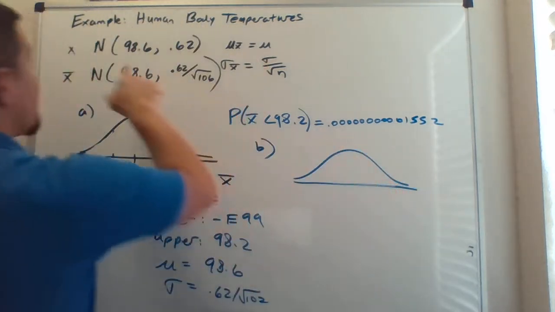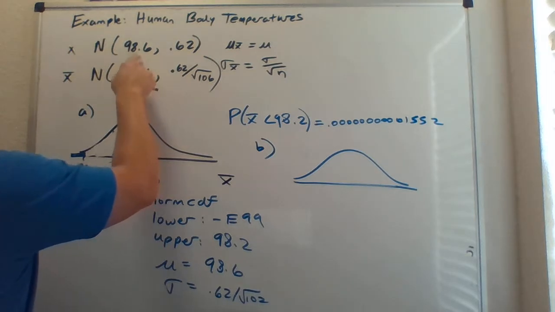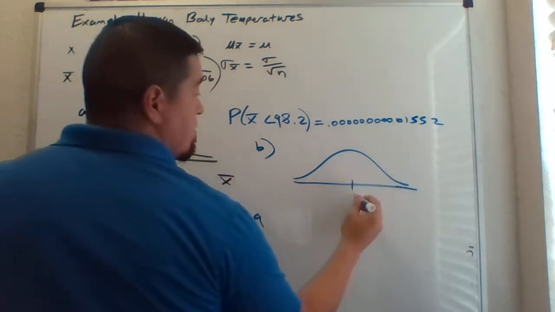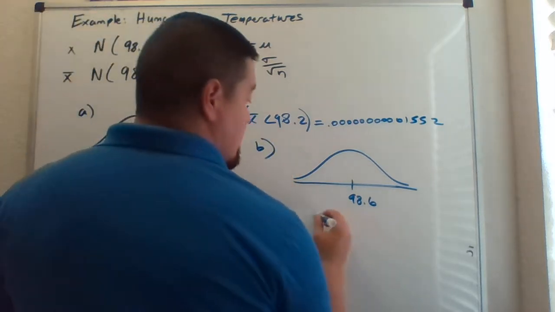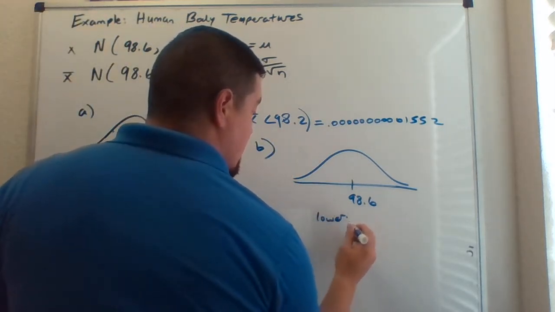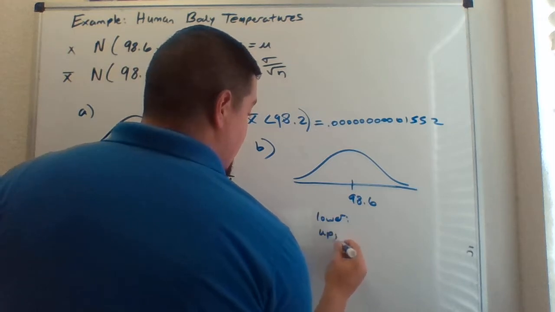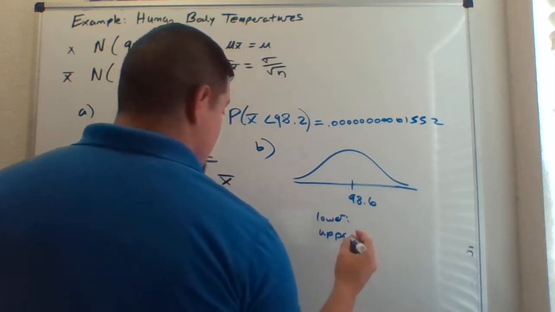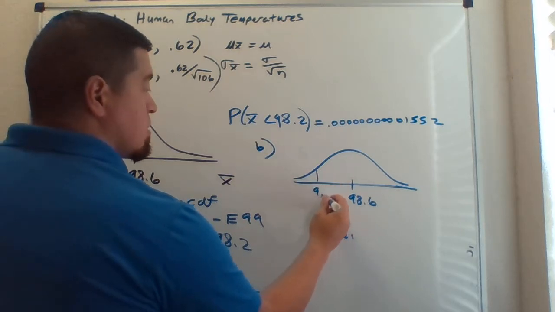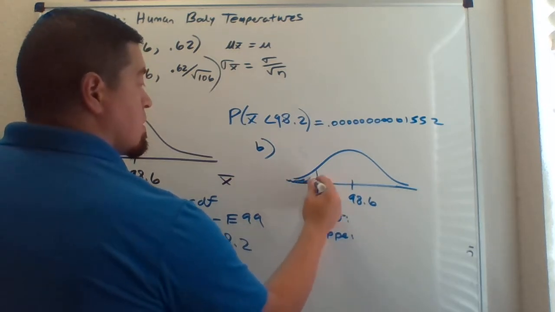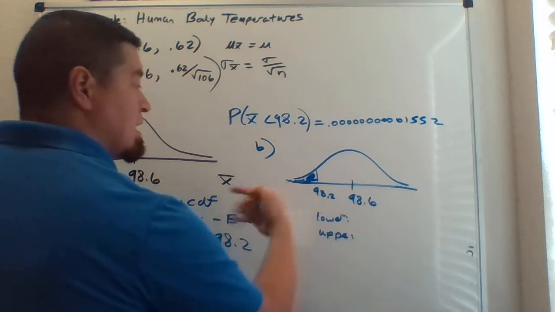Okay, so individual, actually, I'm using this distribution, the original population, so 98.6 with the standard deviation of 0.62. So with this, I'm going to use pretty much the same lower. The lower is still going to be negative infinity.